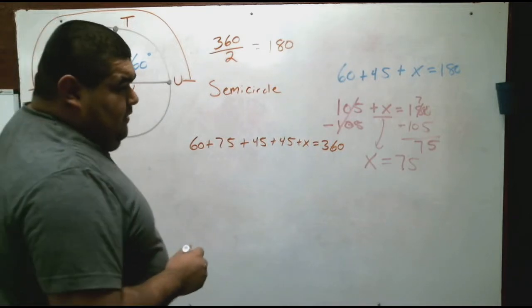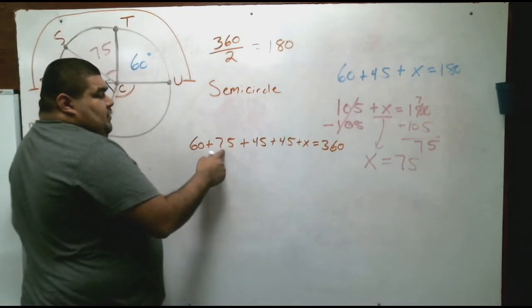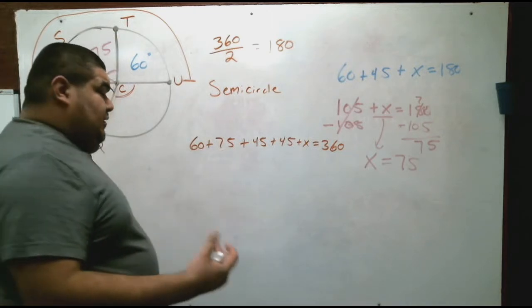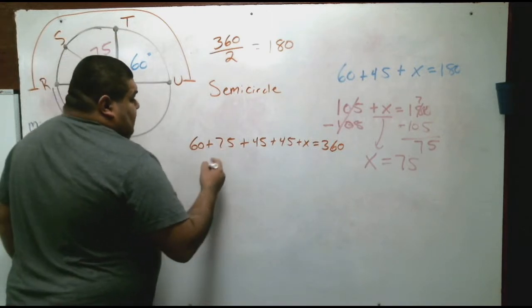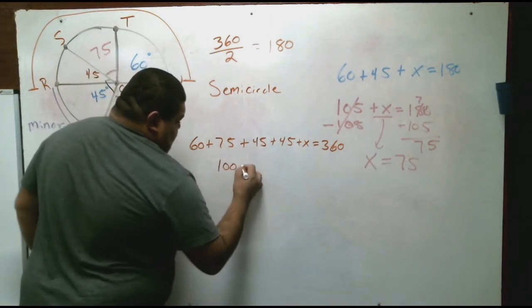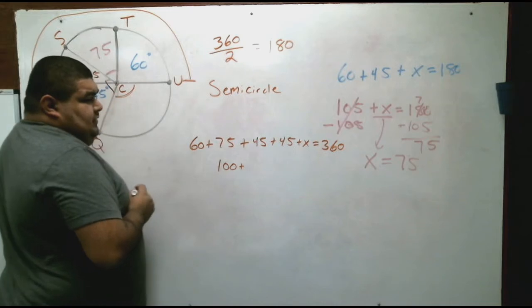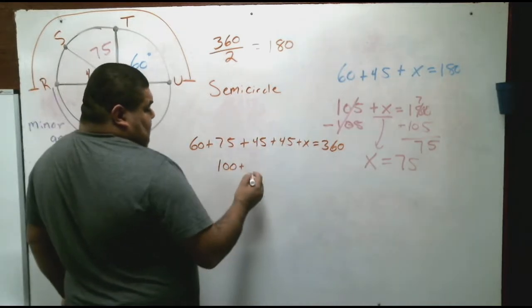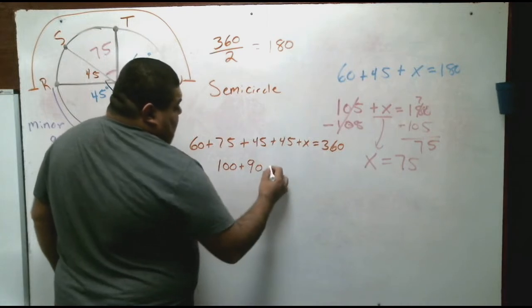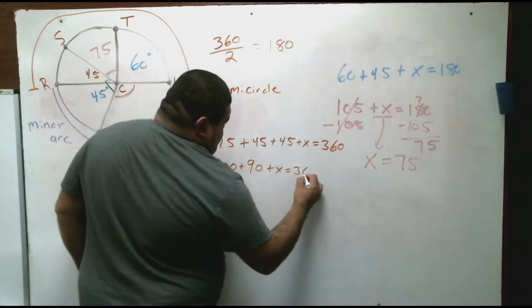I'll tell you what. How many do we need here to get to 100? 25, right? So we can say 100 plus, if we combine the two 45s, we have 90, right? Plus X equals 360.